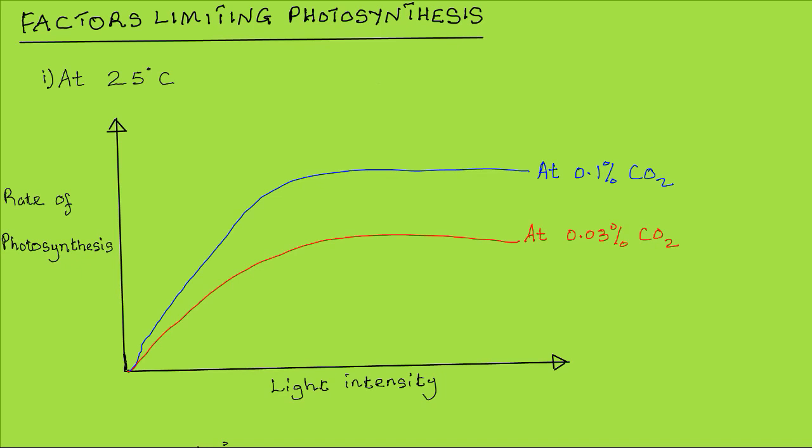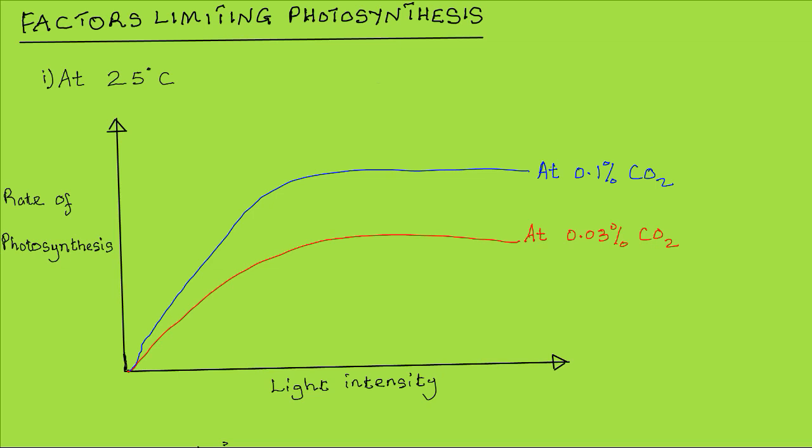For example, increasing carbon dioxide concentration at a constant temperature of 25 degrees C will increase the rate of photosynthesis at optimum light intensity. For example, in this graph here, as you increase the light intensity, the rate is going to level off at this optimum. So let's call this the optimum light.